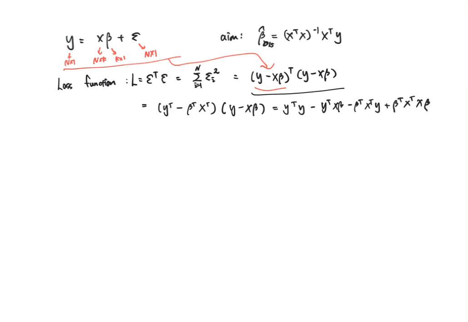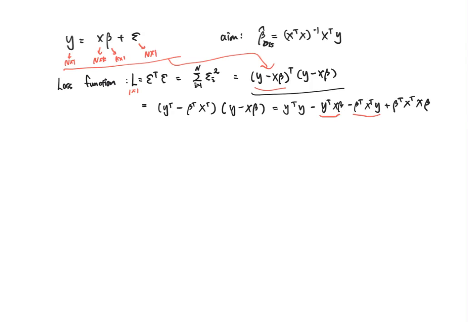And you should know that these two middle terms are actually the same, because the dimension of the loss function is 1 by 1, which is a scalar. So when you transpose a scalar, it is equivalent to the scalar.